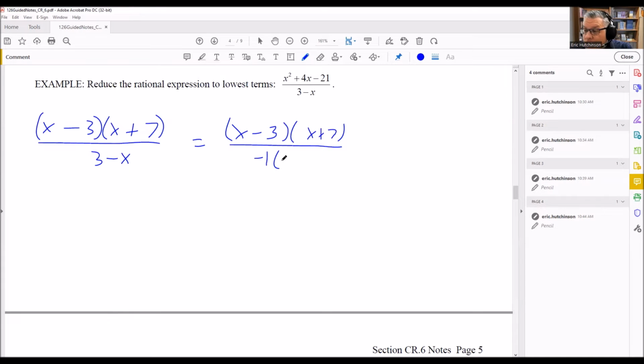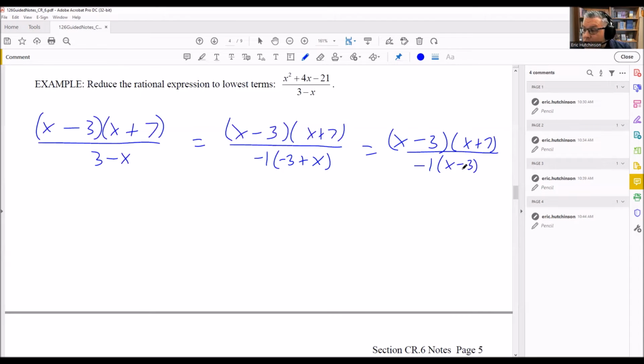Now doing that, 3 divided by negative 1 will be negative 3, and then negative x divided by negative 1 is plus x. So taking out the negative, we got negative 3 plus x. Now if you rearrange the terms inside, we have negative 1, and then inside, if you switch the order, that's the same thing as x minus 3.